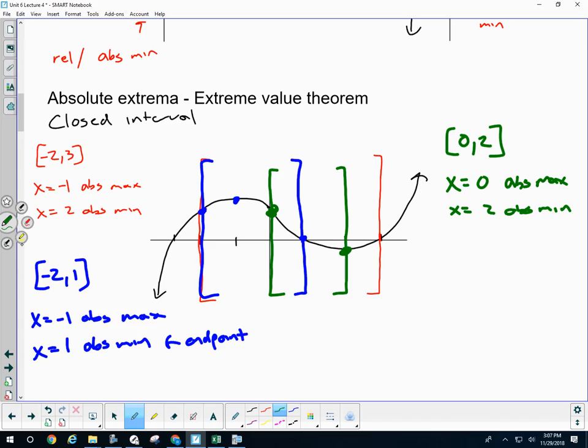What we just showed here is a demonstration of the extreme value theorem.